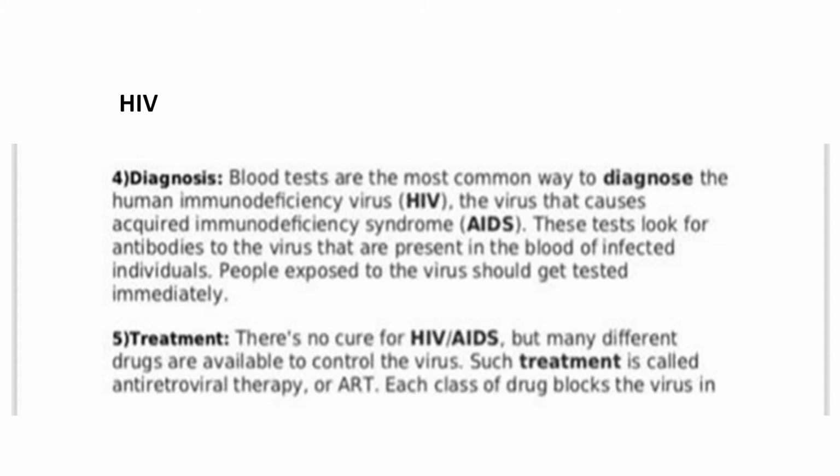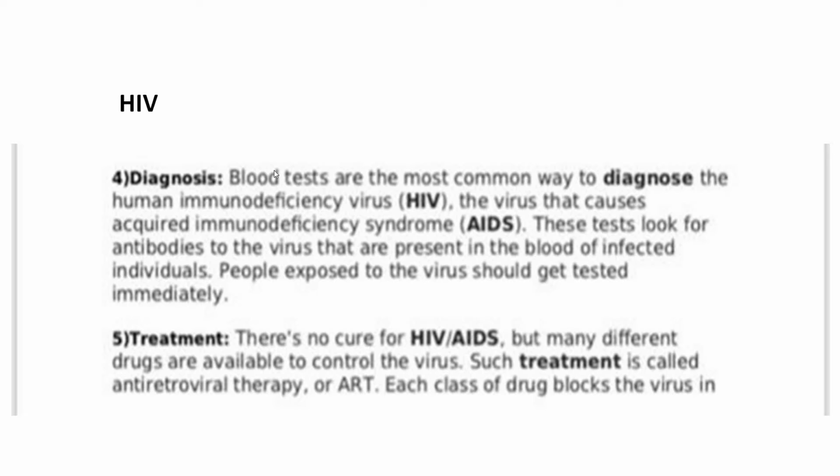Next we have is diagnosis. Blood sample of the infected person is collected to detect the HIV virus, human immunodeficiency virus. Then blood tests are done to diagnose or detect the presence of this HIV virus in the white blood cells.